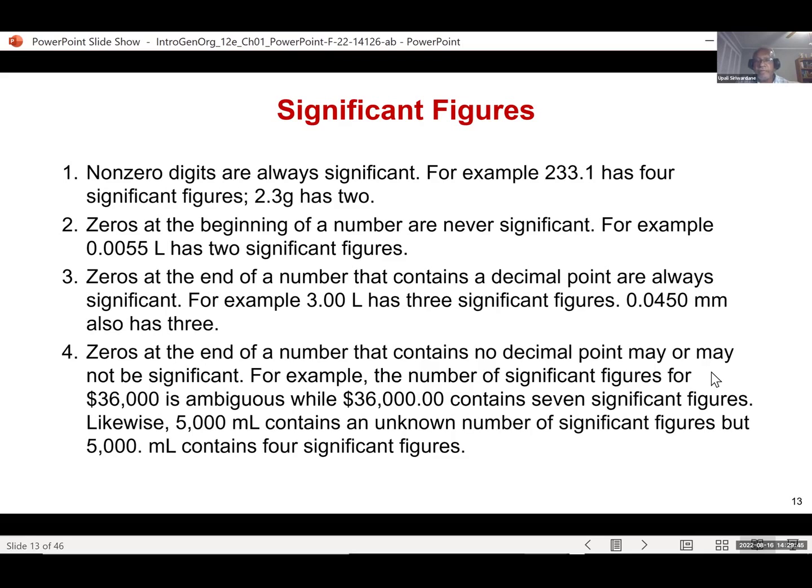All 5 zeros are significant, including the 2. There are 7 significant figures in 36,000.00. 500 milliliters has trailing zeros in a whole number, therefore only 1 significant figure. But if you want to make all the numbers count, with uncertainty in the last zero to the right, you put a decimal point. Then it contains 3 significant figures. We're going to look into more problems like that, okay?